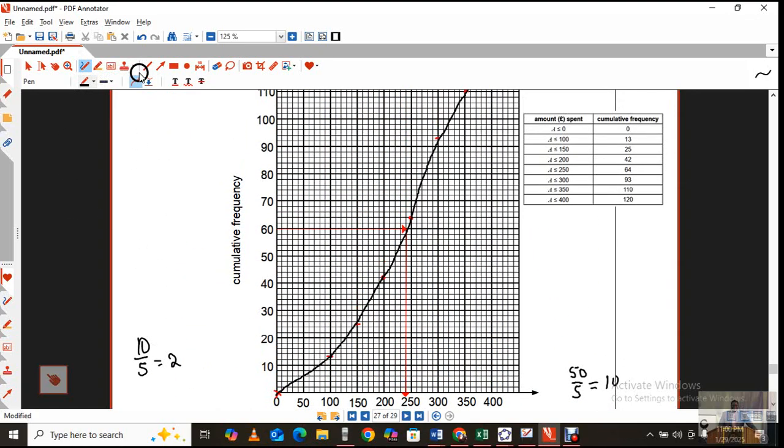And if I look at my 90, using this 90 all the way here, because it's just an estimate, I'll have something here. It's somewhere there.